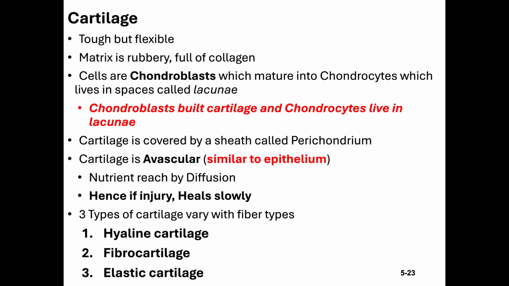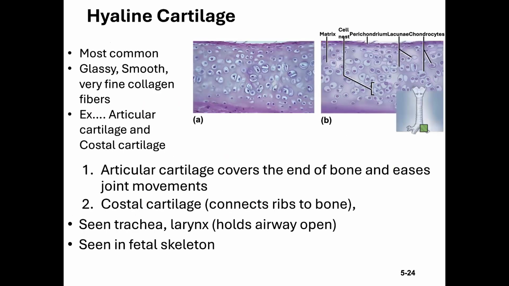We're going to talk about three types of cartilage: hyaline cartilage, fibrocartilage, and elastic cartilage. Hyaline cartilage, if you look at the slide, looks glassy. You can see there are a lot of spaces here, and inside the spaces there are cells.